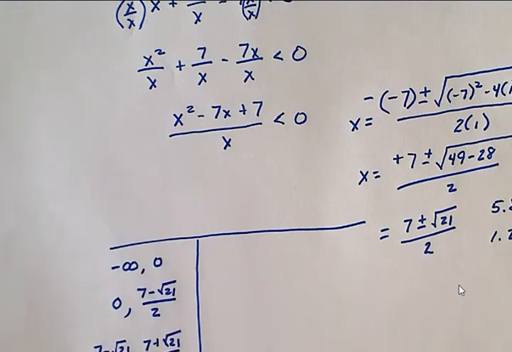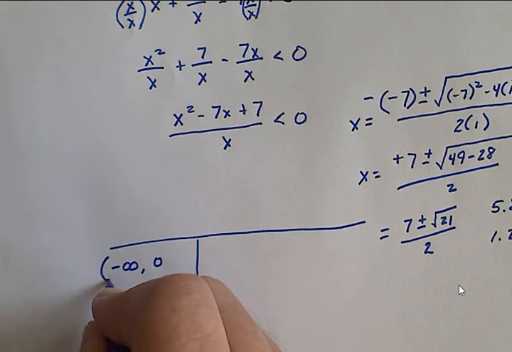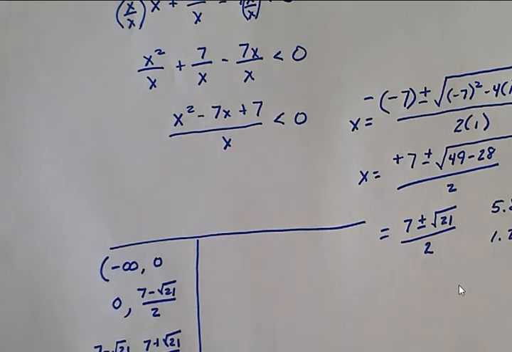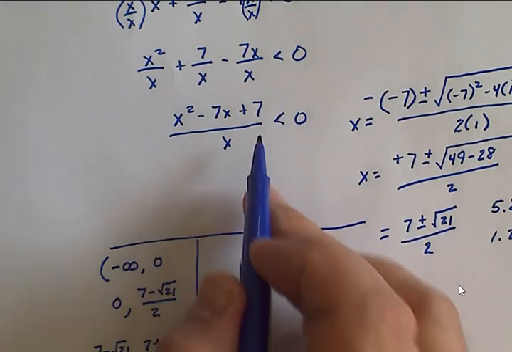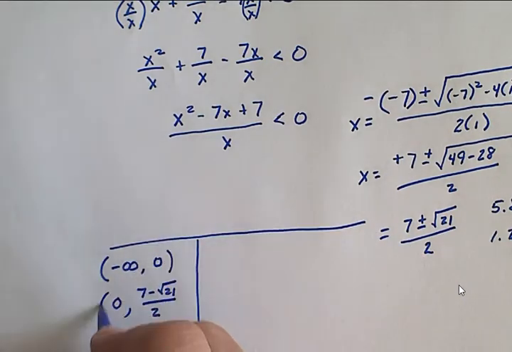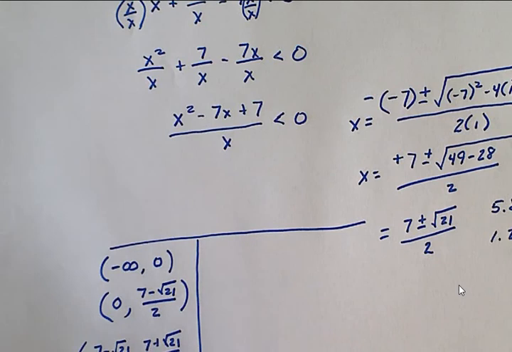And then I'm going to go from 7 plus the square root of 21 over 2 to infinity. Okay, now, because of the less than, everything is parentheses. And I've picked my test numbers.